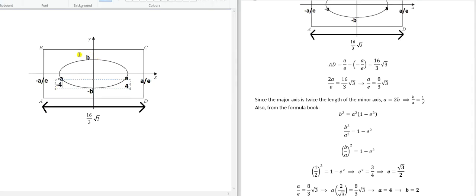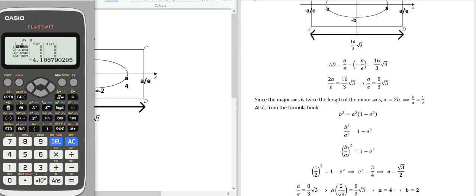We reckon that B is equal to 2, and we think that negative B is equal to negative 2. All of that looks sensible on the diagram, and one other quick check you can do is with a calculator, 16 over 3 times root 3, just to see roughly what kind of size number that is.